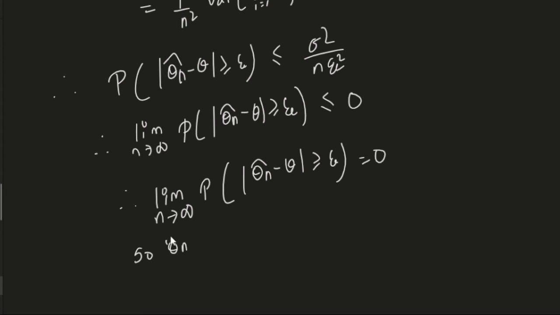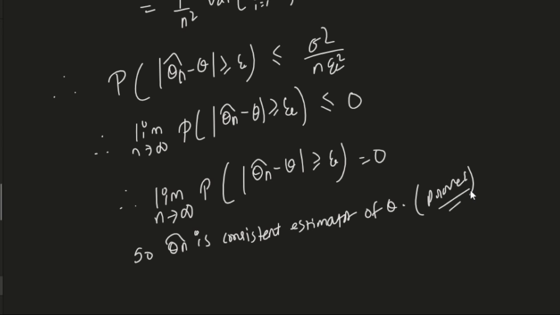So theta n is a consistent estimator of theta, and this is proved. Added with this would also be the required videos for integration, because we needed it here and we would need it in other videos as well. You can watch that if you want to see some parts of it, or you can skip that. In the next video we shall again go on to do some other consistent estimator problems.